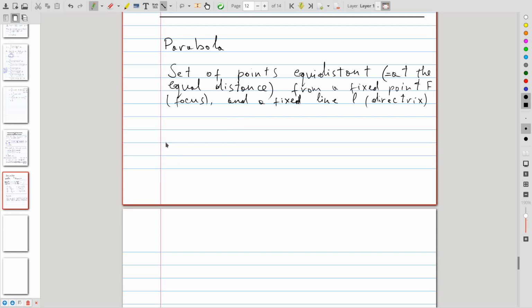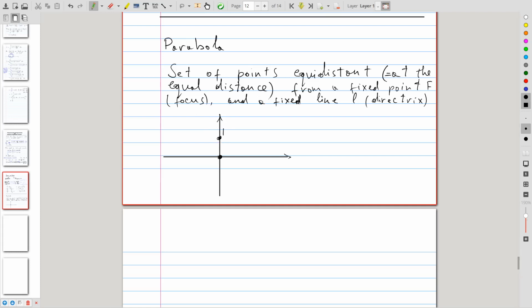We have a fixed line, so this will be the x-axis, and what we will do is we will place the focus F at some point on the y-axis here.